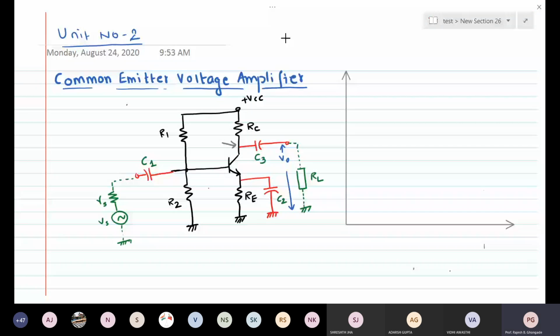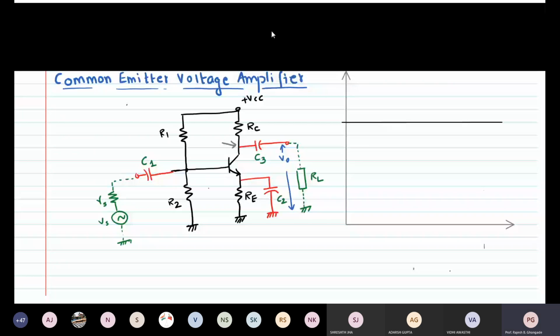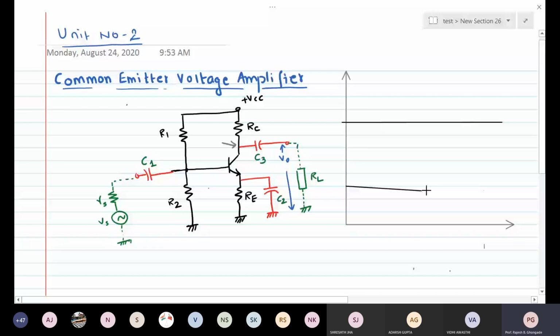So for this graph, this is the ground level, which is at the input, and the ground level for the output is similar. So that you will not get confused at this point. Okay, so consider this now as 0 volts. This also has 0 volts. Now this is at the output here, VO. So this is VO, and this is your VS.